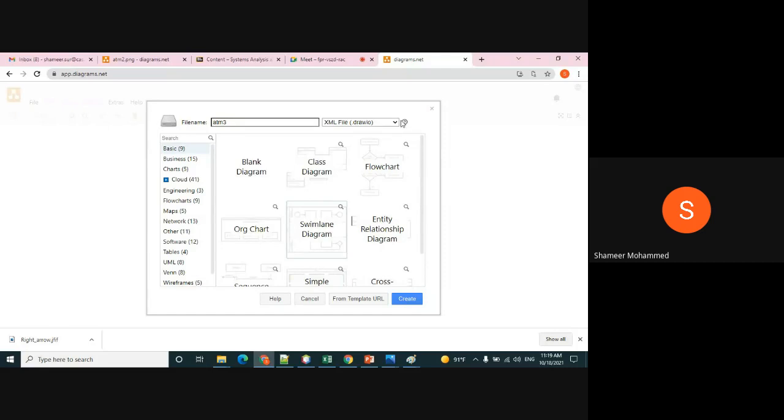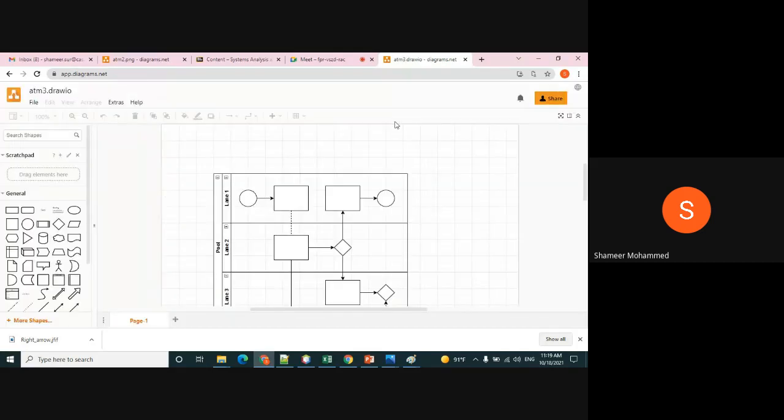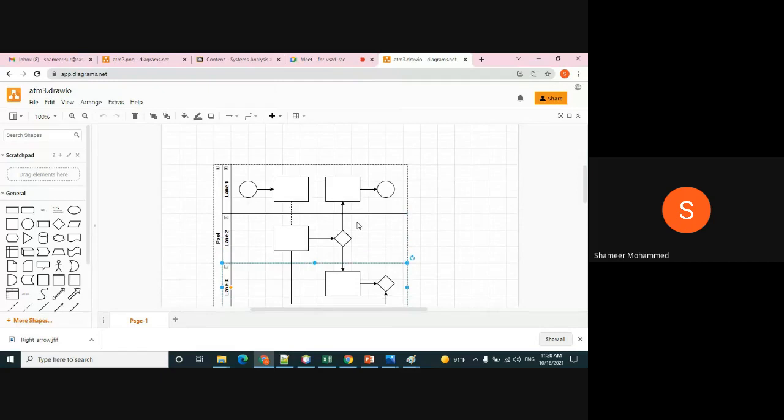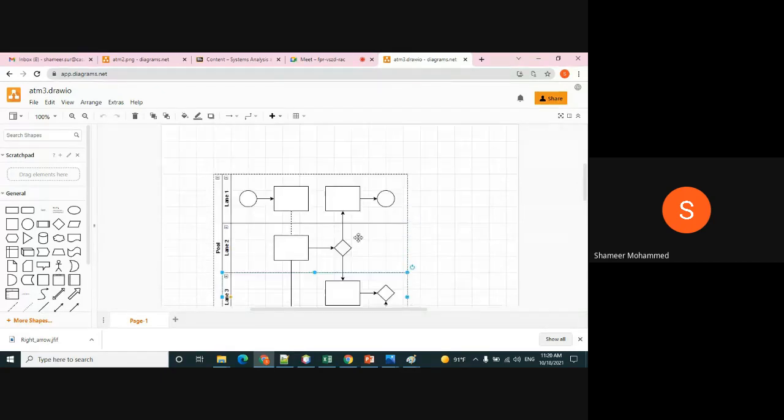Oh, sorry, this is XML, picture I want. Okay, see now this has come, this has generated like this. If you want, you use this. If you don't want, you can create your own.